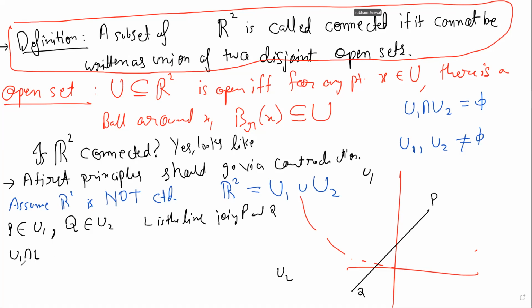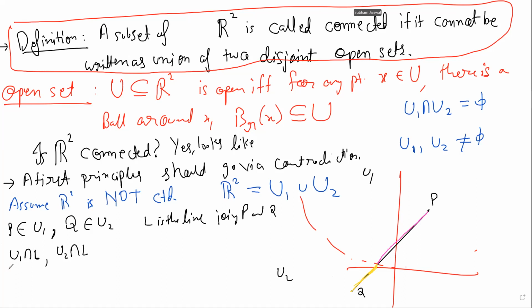So U1 intersection L, and then you take U2 intersection L, right? What does this do? This splits the line, right? This part, basically we're looking at the part of the line which is in U2, and then we are looking at the part of the line which is in U1, and this splits the line.